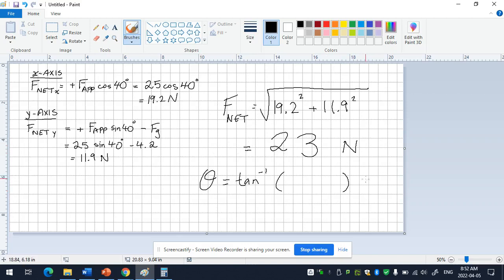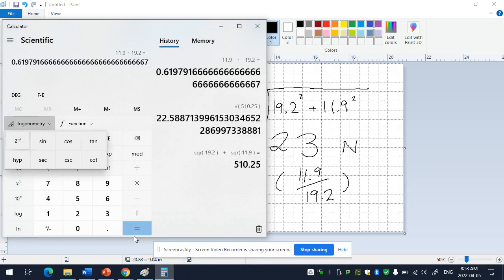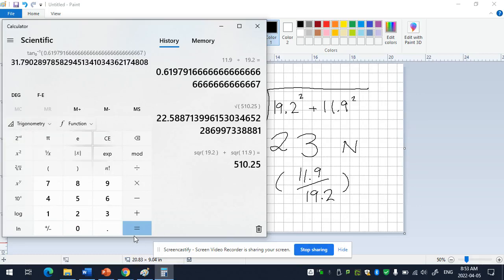Which means here it will be 11.9 divided by 19.2. Trig, what do I need to use? I need to use tan inverse, which means I have to hit second to get the inverse functions, and then I hit this guy. My angle, again, what is it to 2 sig figs? 32 degrees.